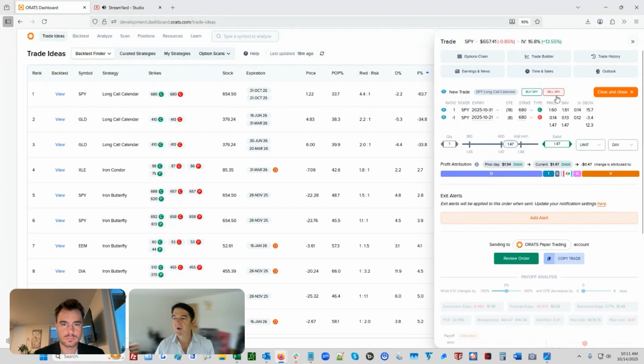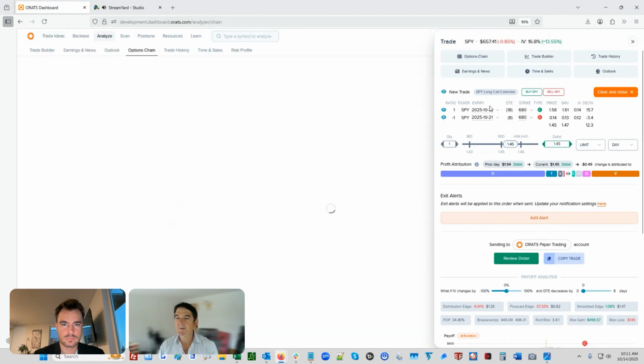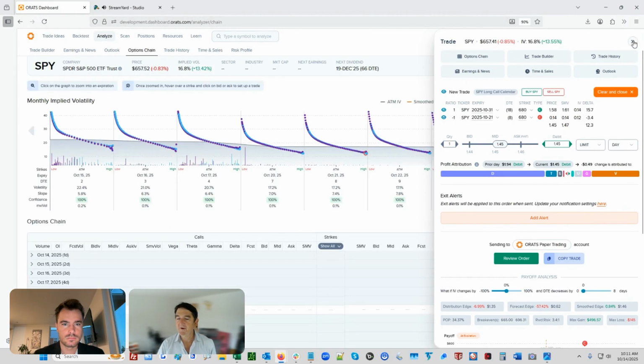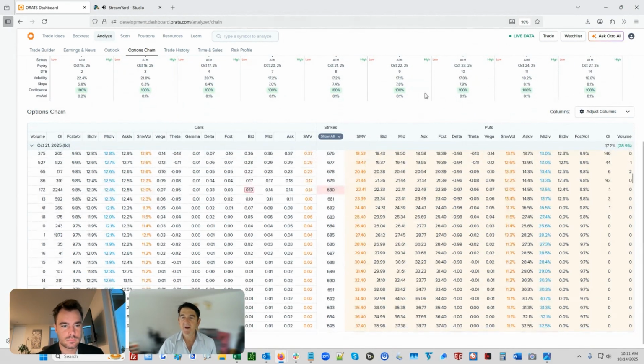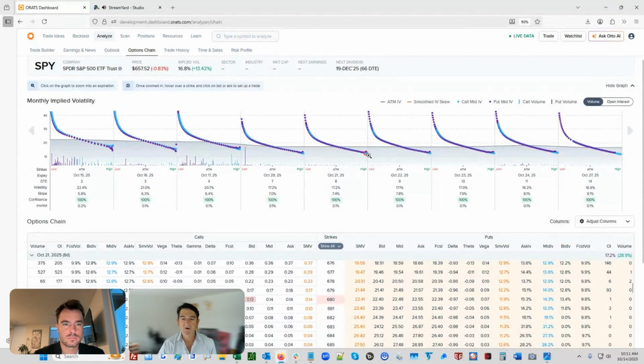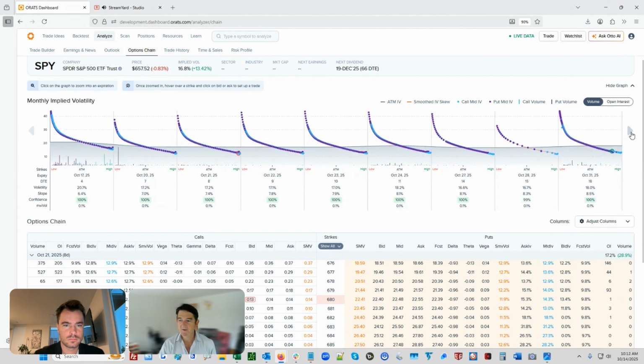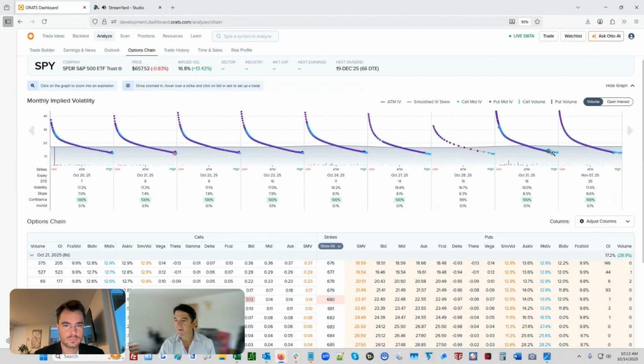If you want to look at the components of that, you could go to the options chain. The cool thing about the options chain is that it goes directly to your options, and it shows where it is on the skew. There's the buying leg, you can barely see that green, and you can see the selling leg.